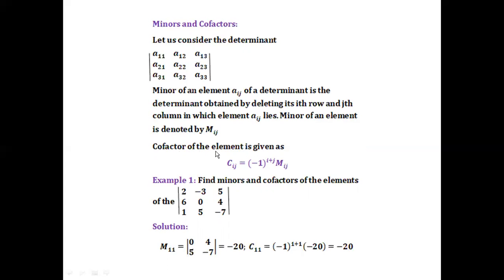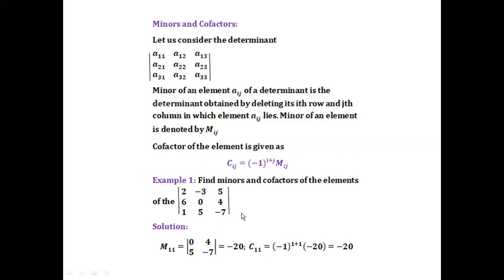Now the cofactor of the element is denoted by Cij, which is equal to minus 1 raised to i plus j, into Mij. This Mij is nothing but the minor of the element.